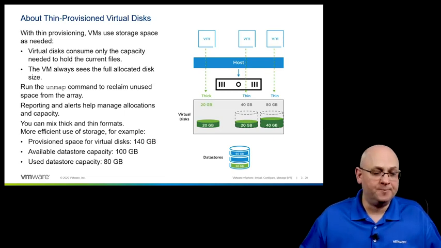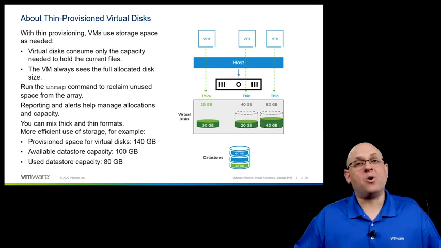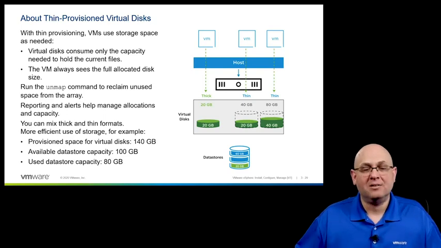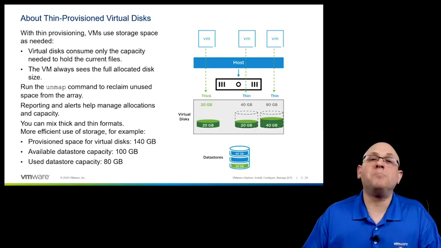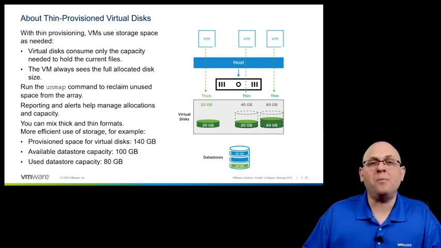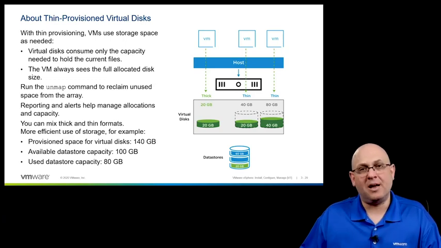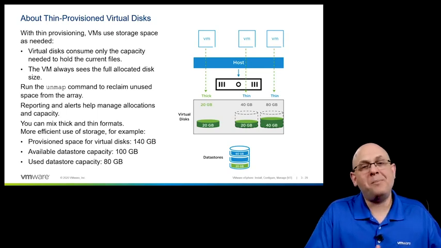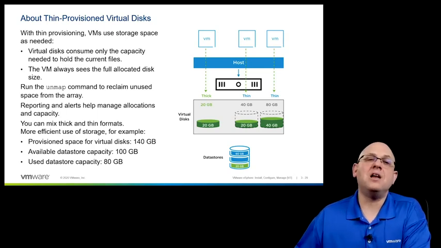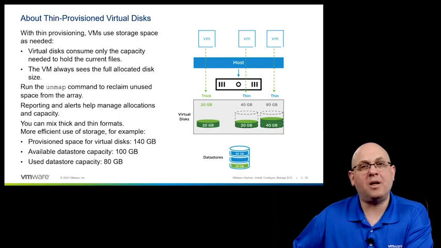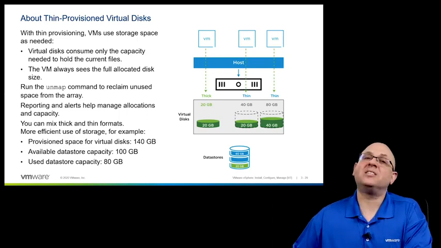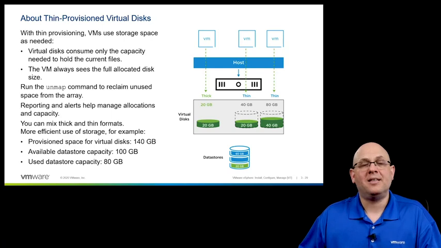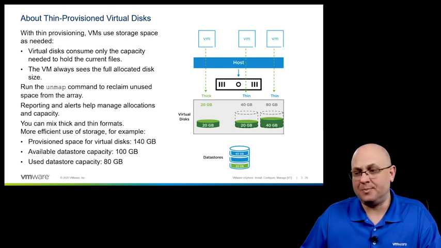So what can I do? Well, if I were a good vSphere administrator, I would actually begin to monitor the physical capacity available on my storage array. I would use thin provision disks, but make sure that I have enough capacity available on my storage array so that I haven't so overcommitted it that I might actually run out of disk space.